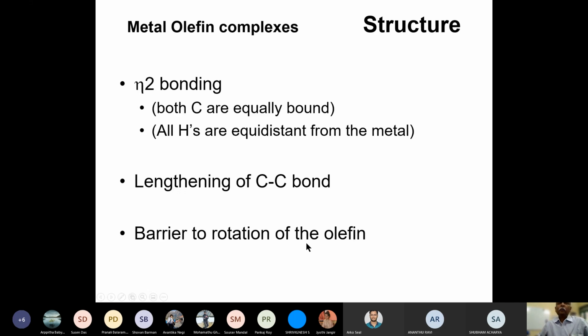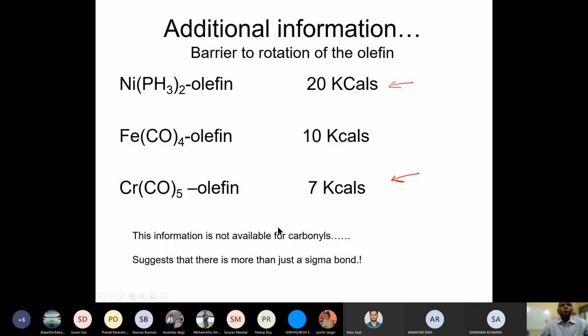From NMR spectroscopy, it is seen that although the sigma bond is not broken, it's not possible to always rotate the olefin with respect to the metal. This rotation is not facile in all the cases. In some cases, at room temperature, you have rapid rotation of the olefin. In other cases, it doesn't rotate. So obviously, something more than a sigma bond is formed.